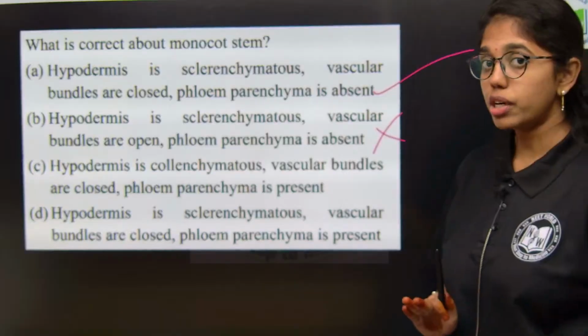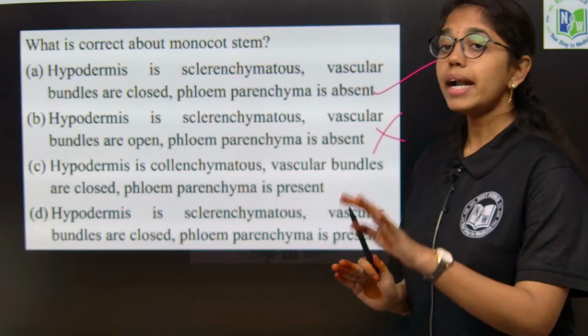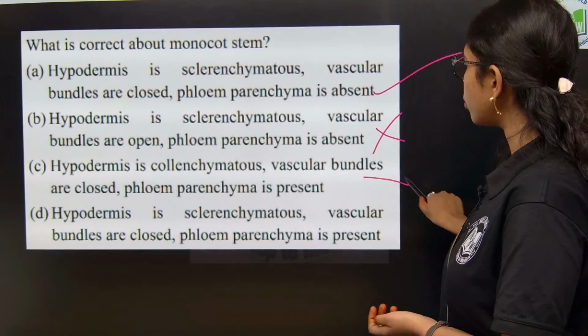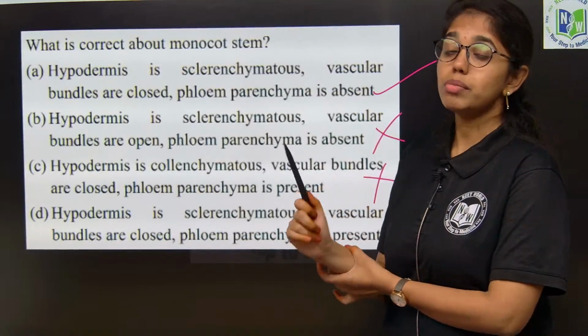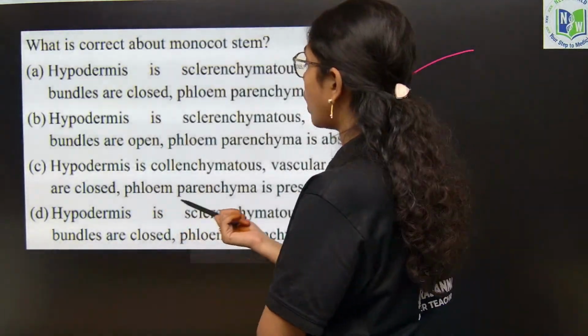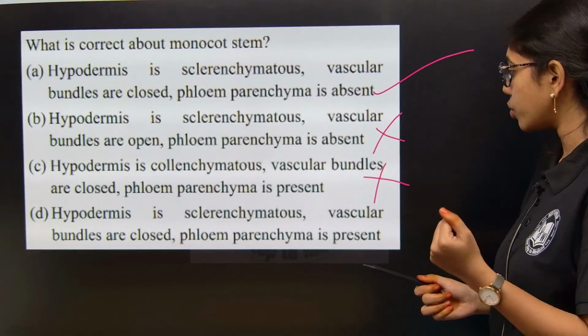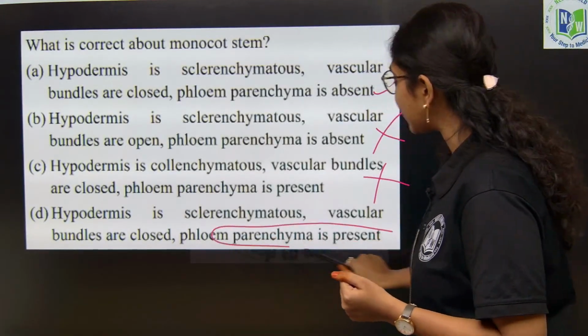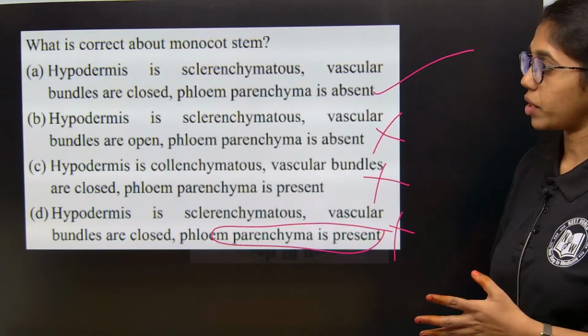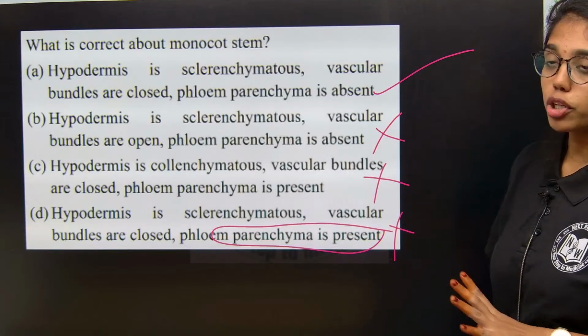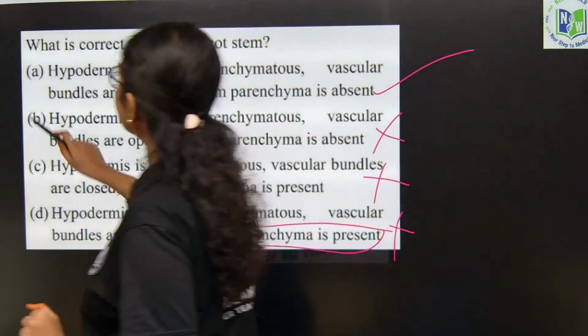Secondary growth is observed only in the dicot stem. And hypodermis is collenchymatous. No, collenchymatous hypodermis is observed in dicot stem. Hypodermis is sclerenchymatous, vascular bundles are closed, phloem parenchyma is absent in monocot stem. So, in this case what option goes right? Option A is the right answer.